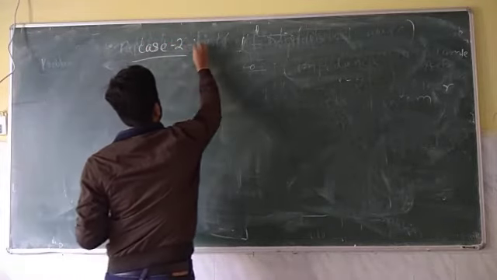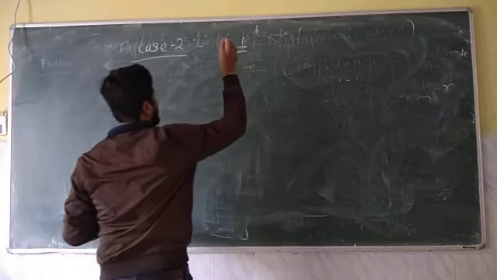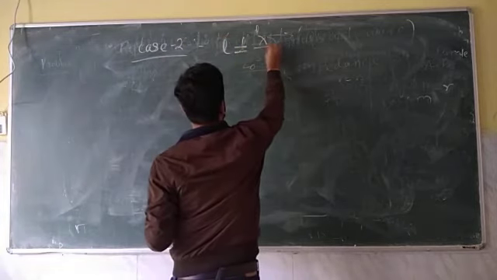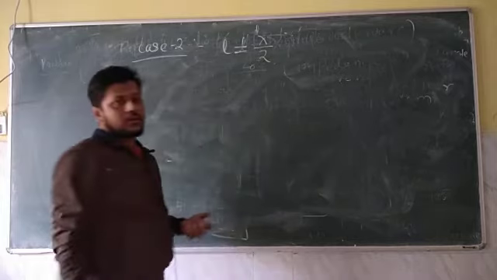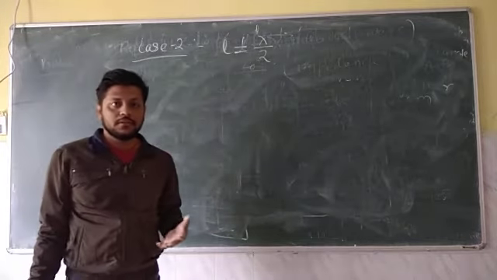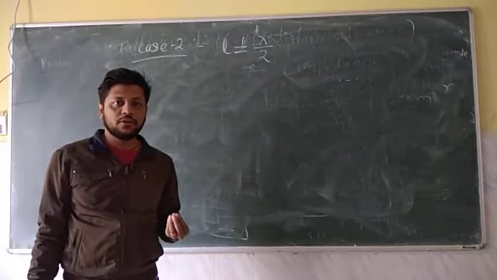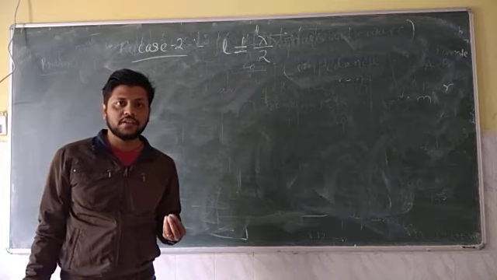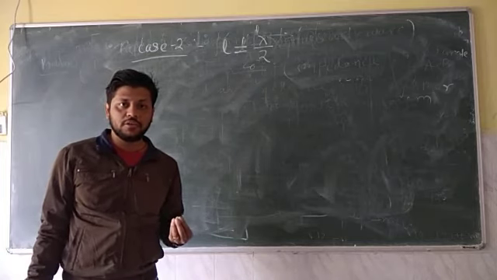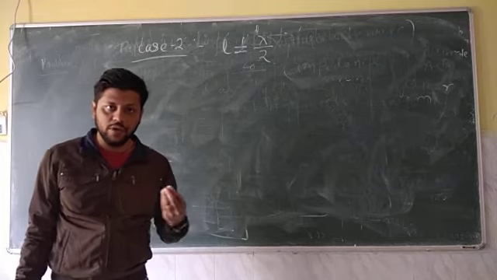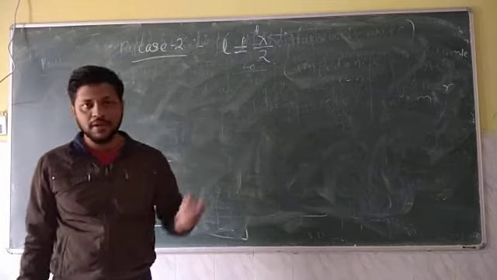Case 2: when the length of the transmission line is equal to lambda by 2. Here one thing you should remember, how I am measuring this length. The length of the transmission line is always measured with respect to the wavelength. So length is equal to lambda by 2.